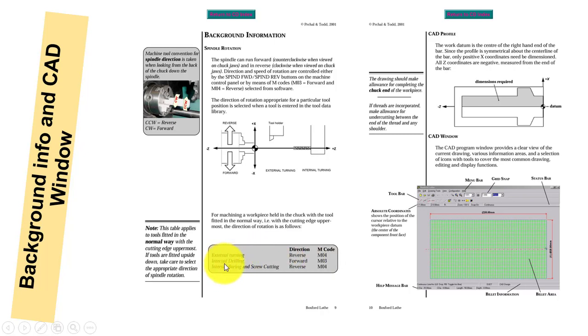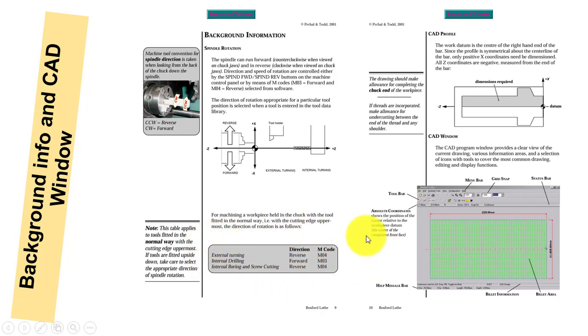If you are doing internal drilling, you have to use the counterclockwise rotation of the spindle, or chuck, and from the software you can use M03. Similarly, for internal boring and screw cutting, the reverse direction is recommended.